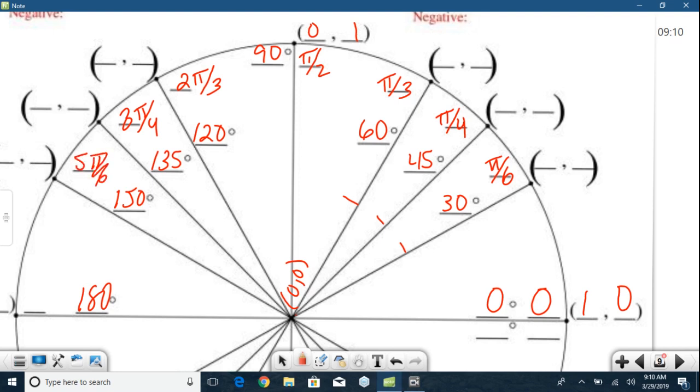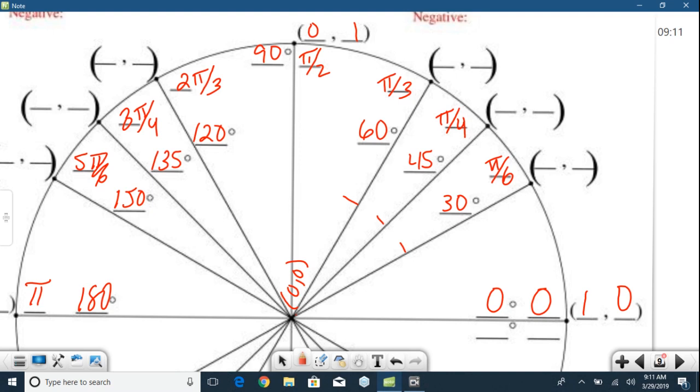And 180. It's just pi. Okay? So far, this is not hard. Is it? No. 5 pi over 6.